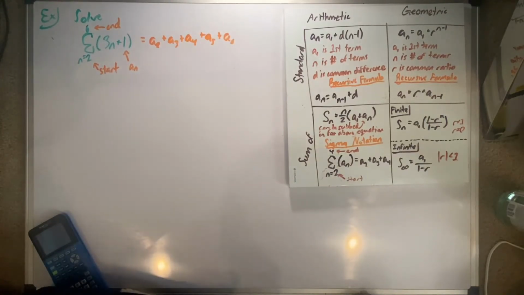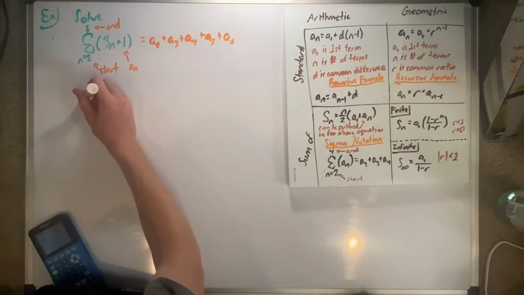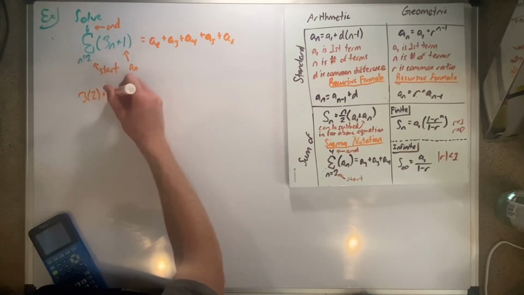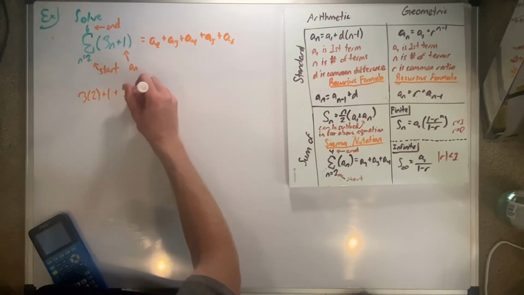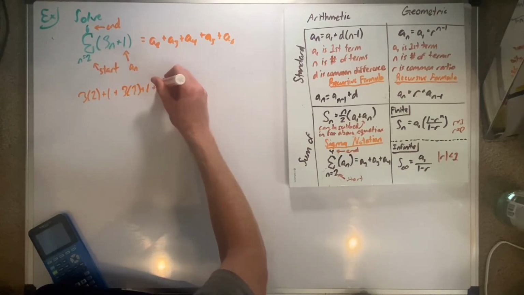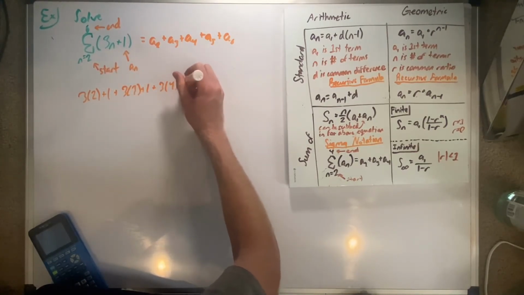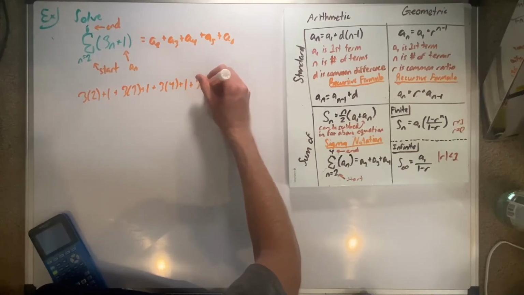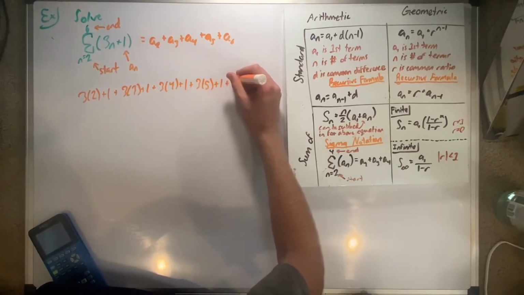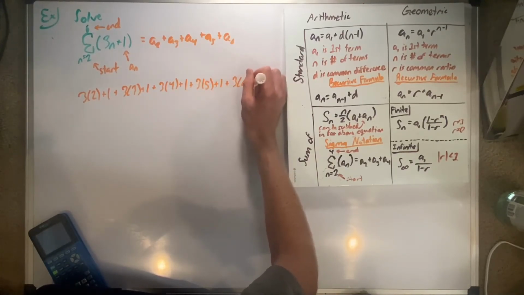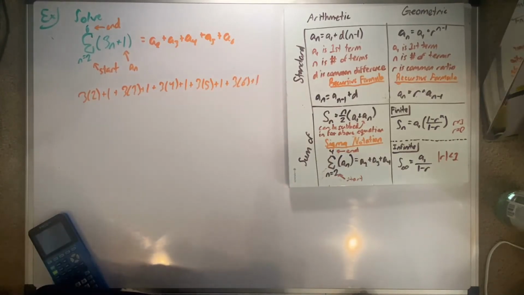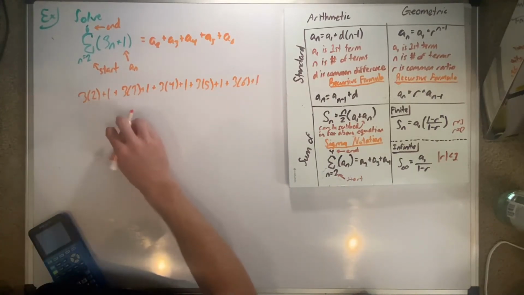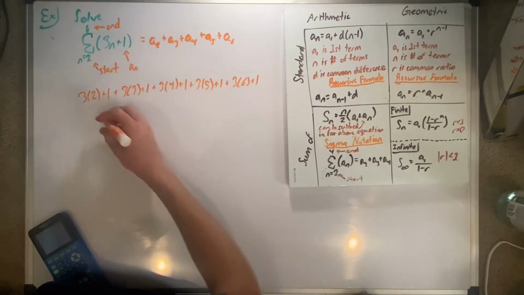So let's just go ahead and do it. So 3 times 2 plus 1 plus 3 times 3 plus 1 plus 3 times 4 plus 1 plus 3 times 5 plus 1 plus 3 times 6 plus 1. And we'll go ahead and solve for that. So this here is 1, 2, 3, 4, 5 ones.